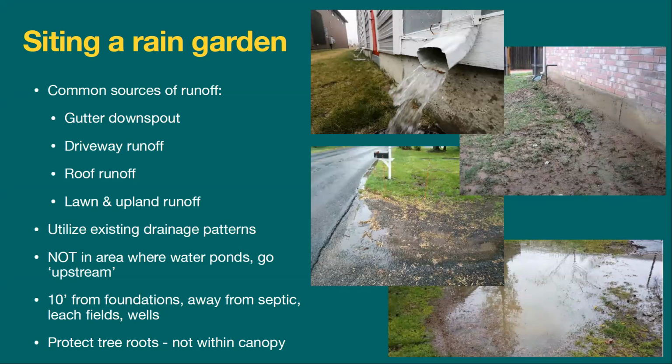Yeah, that's a really good question. So ideally the goal, and this has to be a design consideration, is siting the rain garden in a place where a snowplow won't dump a bunch of snow on it, or coordinating with the snowplow person to make sure that they aren't dumping a bunch of snow on the rain garden. But ideally, snow is not being dumped directly onto the rain garden.